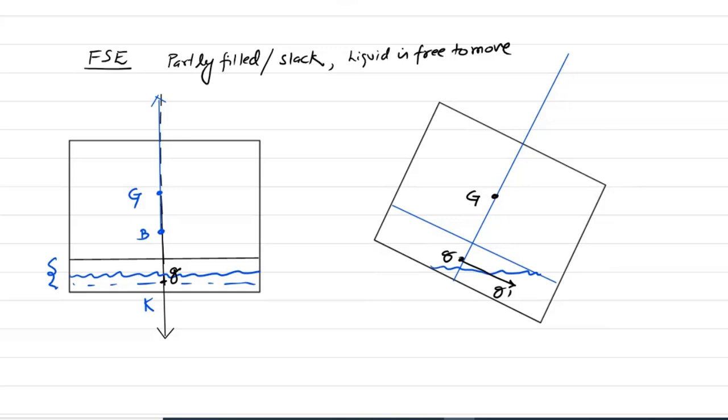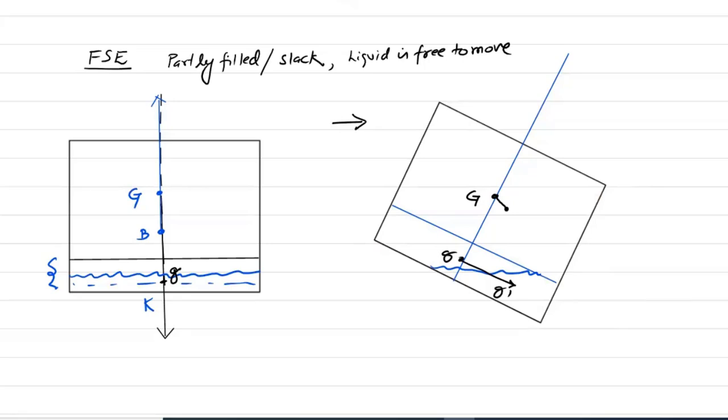The center of gravity of the liquid has shifted to the lower side if it was rolled like this. Makes sense? That means there will be a shift in the center of gravity. Very small shift.